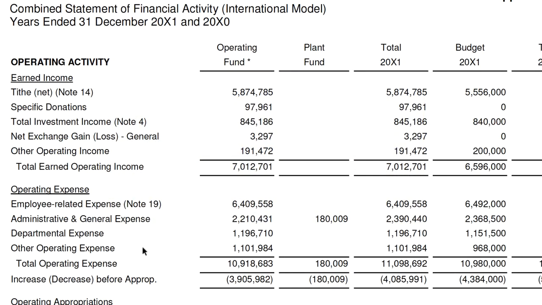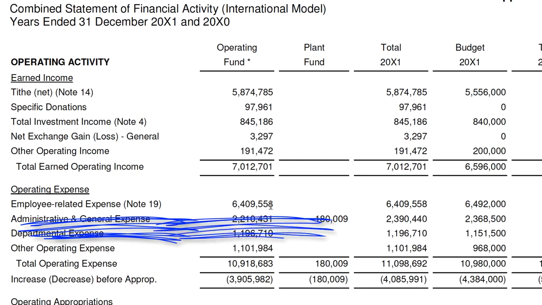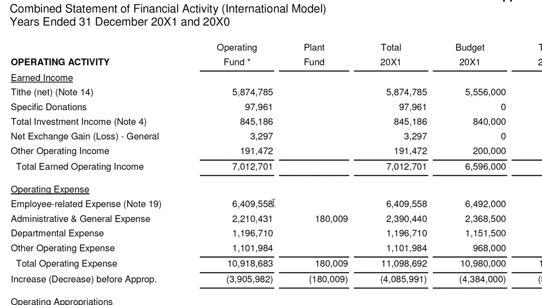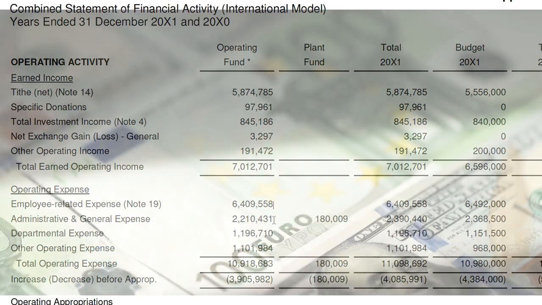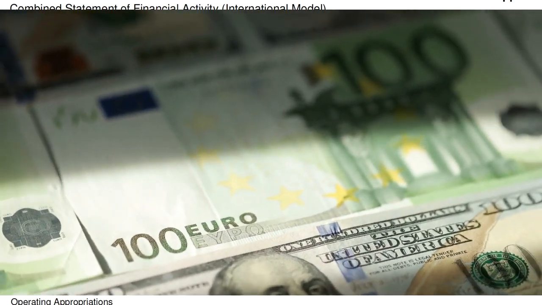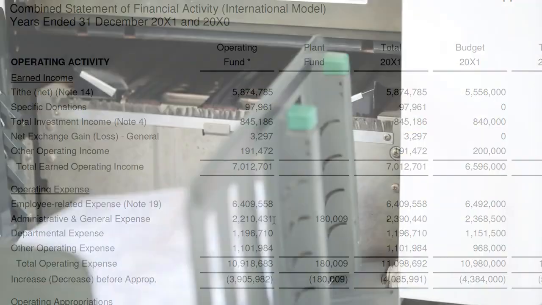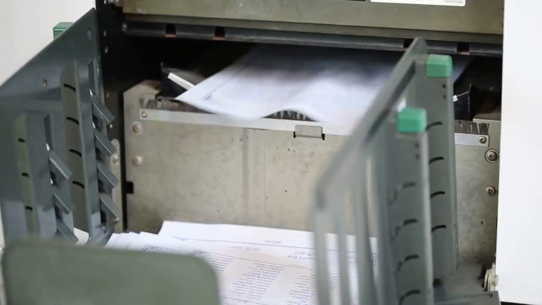Coming back to the union financial statements right in front of us, this employment related expense of 6,409,558 is not what we paid the workers, it's what we owe them because they worked during this time period. We have a photocopier that we rent. When we paid for the photocopier is not when it becomes an expense. It becomes an expense during the month we use the photocopier and made the copies.